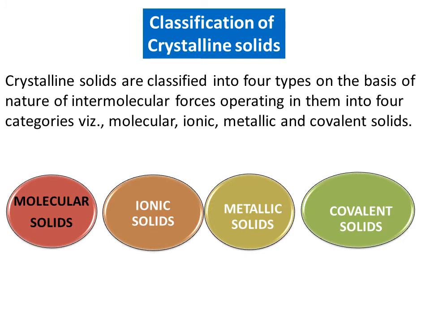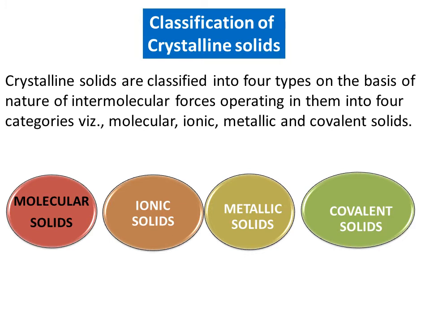In metallic substances they are metallic bonds. In covalent substances they are covalent bonds. So the intermolecular forces classify crystalline solids into four types: molecular, ionic, metallic and covalent solids.